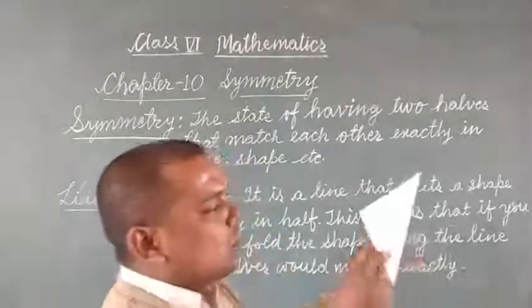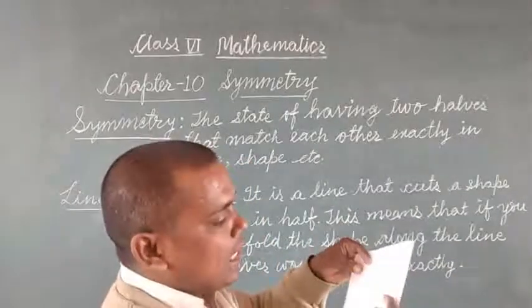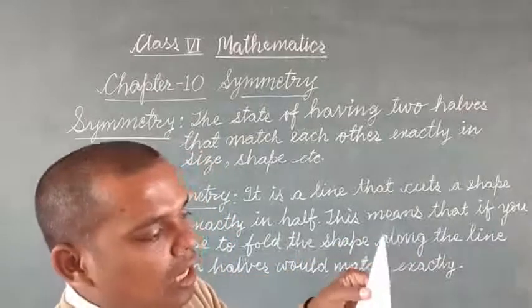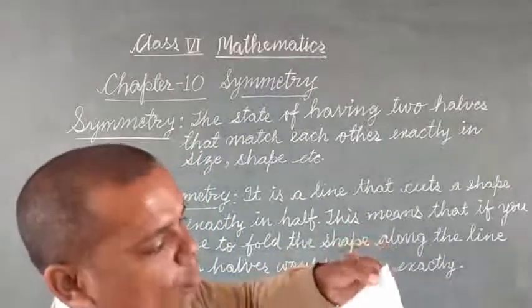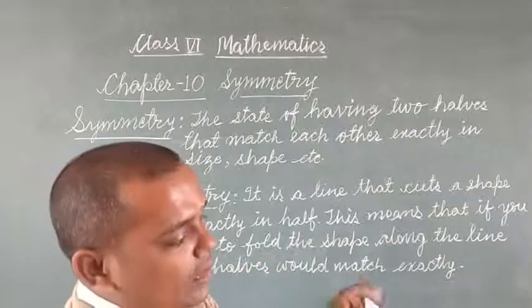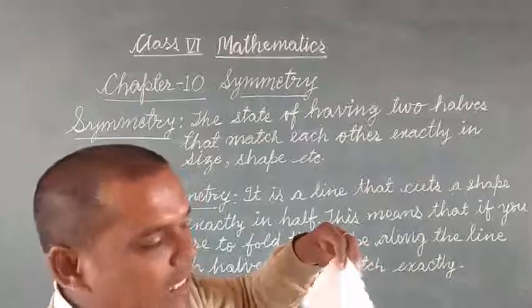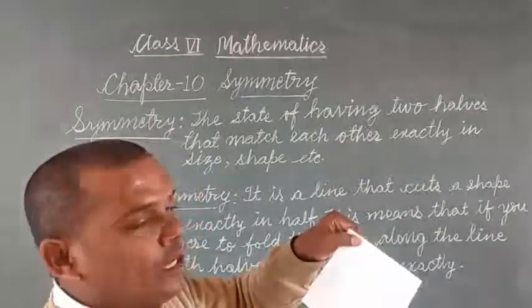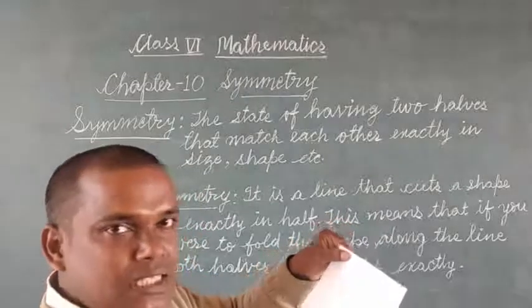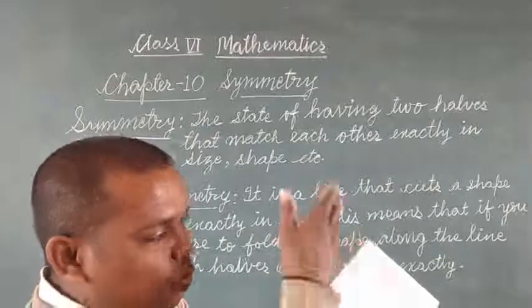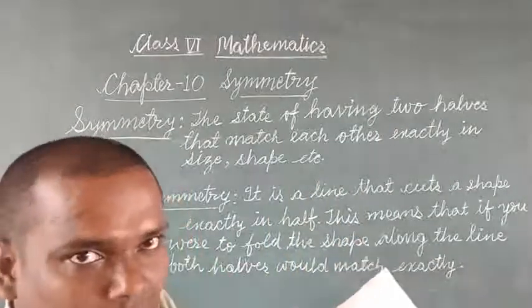So a crease which is formed along the diagonal, this crease is called the line of symmetry. Since we are opening this one and closing, this half and this half match exactly with each other. So this will be the line of symmetry. Means in the case of a square, we are getting one line of symmetry along the diagonal.